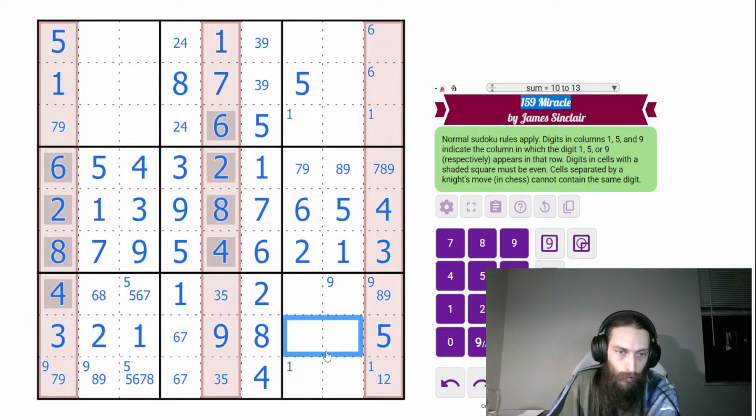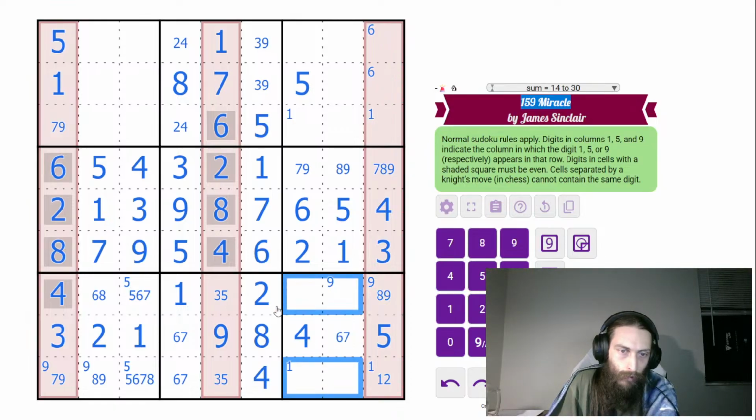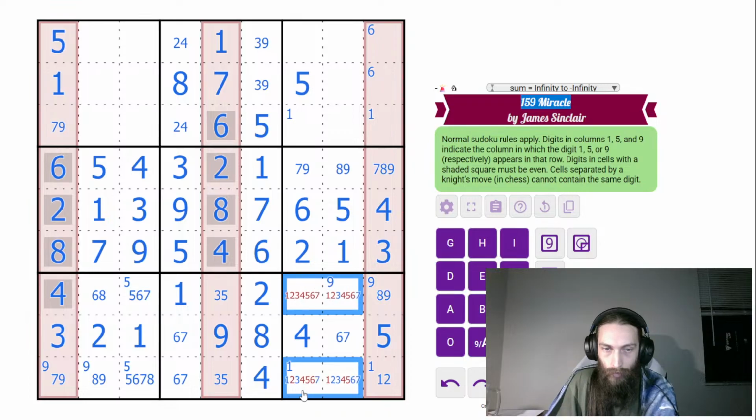So, well, where's 4? Not this one, not there, not 5, and that one sees that one, so that's 4. So that's 6 or 7. These other ones are kind of complicated, but I think 1, 2, 1, 2, 3, 4, 5, 6, 7, 8, 9.